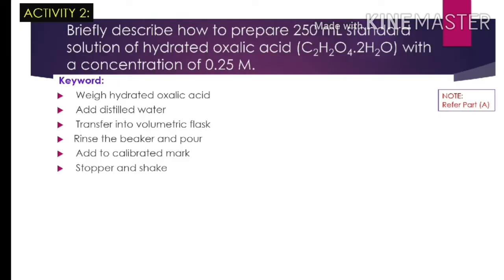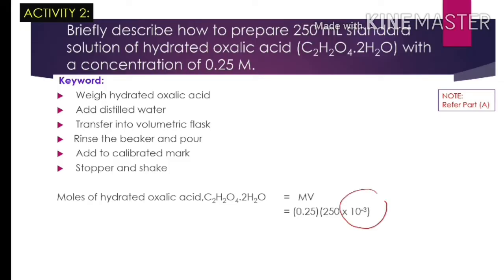Meaning you have to find the mass of oxalic acid for this question. The mass can be calculated from mole. Mole is molarity times volume in unit liter. So you have to convert 250 ml to liter. The answer is 6.25 times 10 power negative 2 mole.